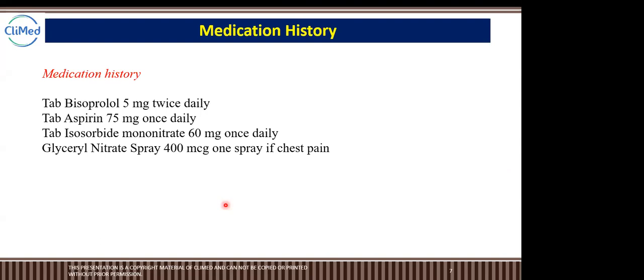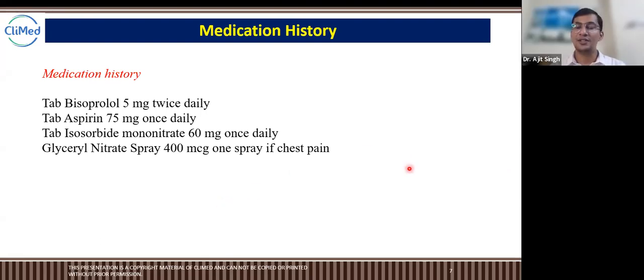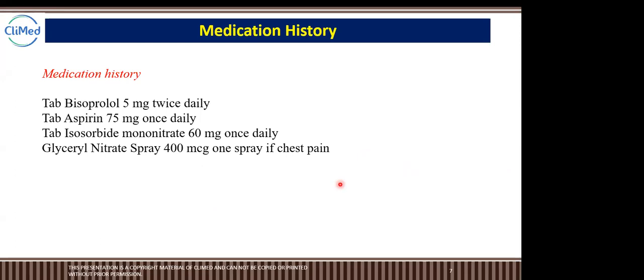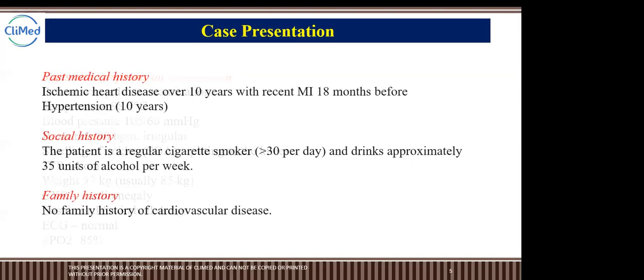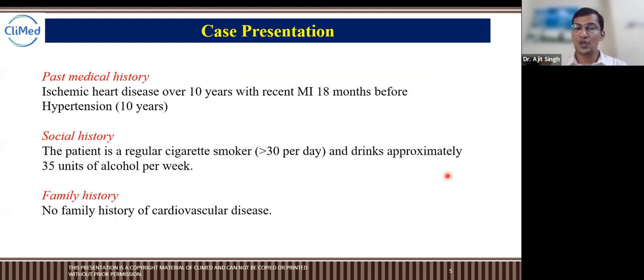The patient is hypertensive also for the past 10 years. Exactly. Hypertension, ischemic heart disease, smoking, drinking.